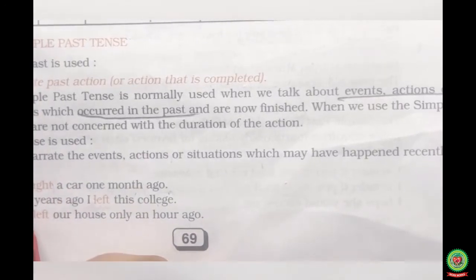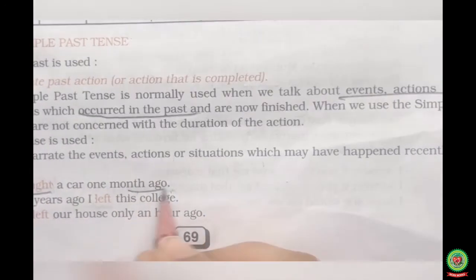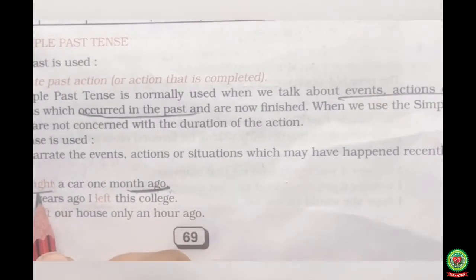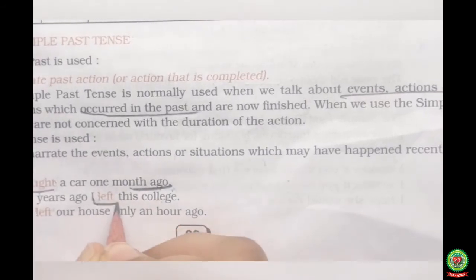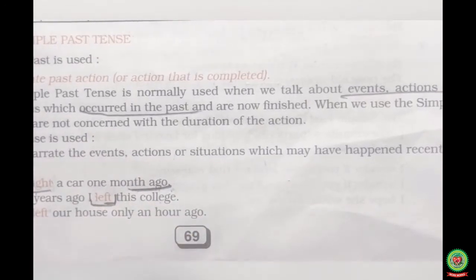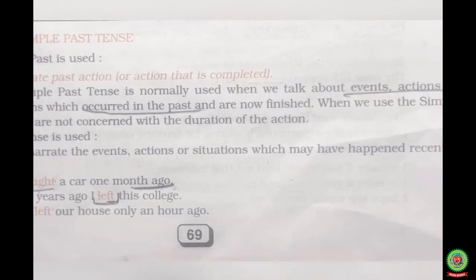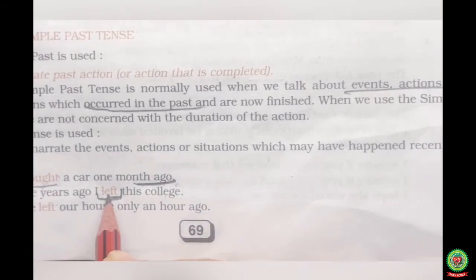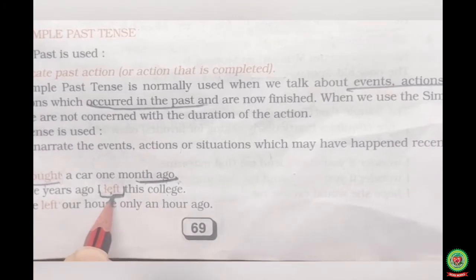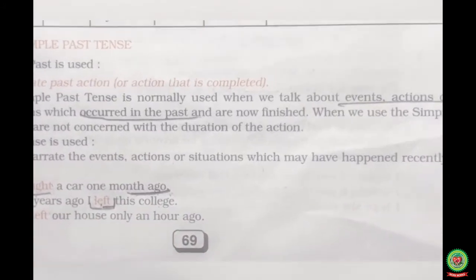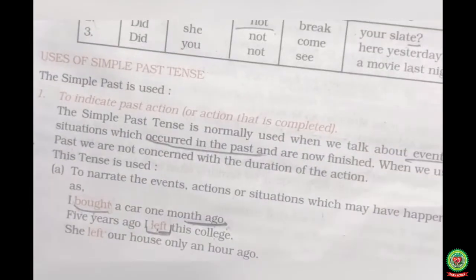This action took place a month ago, so you have to use the past form. Five years ago, I left this college. Left, I have already left it. Now nothing more to do with it. So the action took place a few years back, so the past form will come here. So this was the first use of simple past tense.